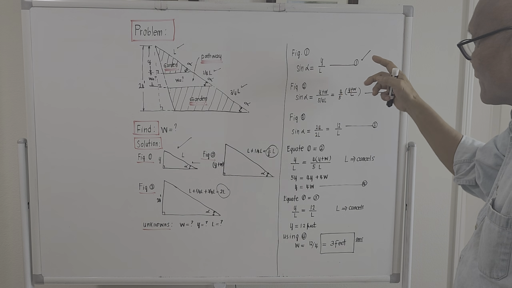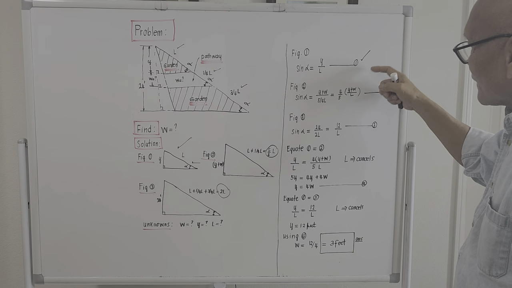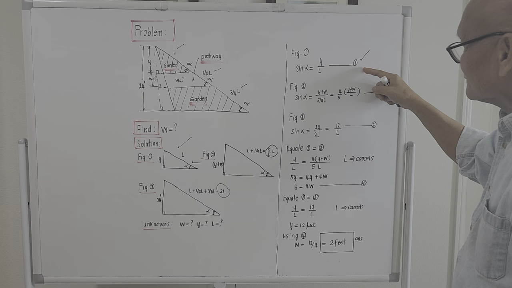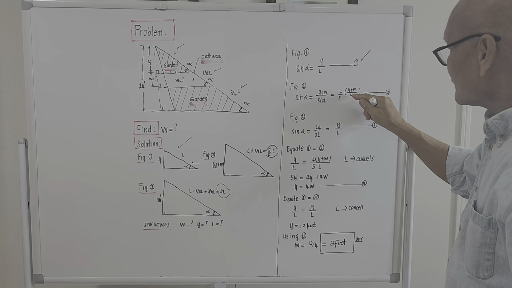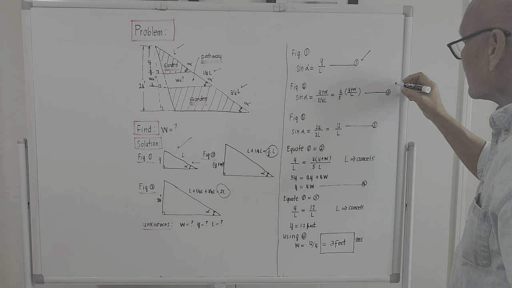The simplification will be 4 fifths times the quantity y plus w. The operation here is multiplication. We place L inside, this is L. We call that equation number 2.